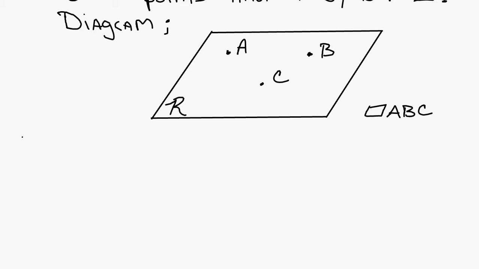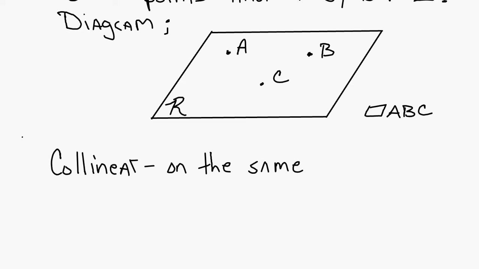The term collinear means on the same line. And if collinear means on the same line, then what does coplanar mean?